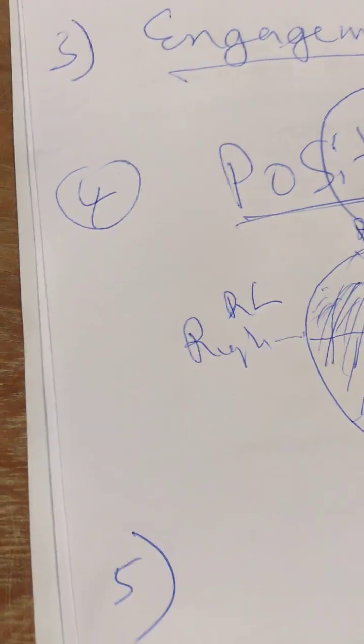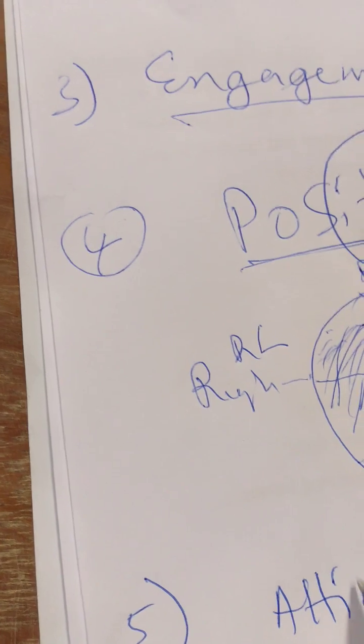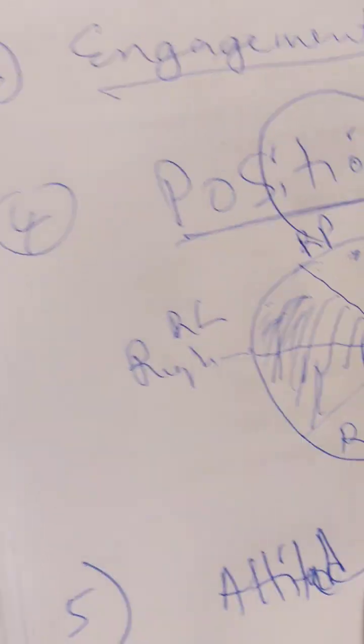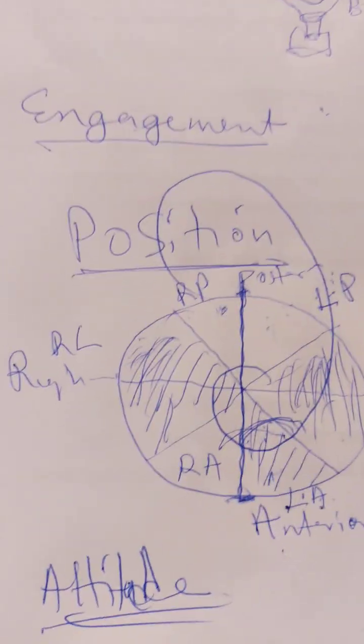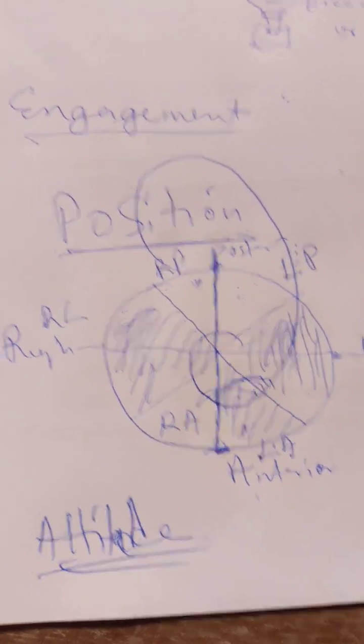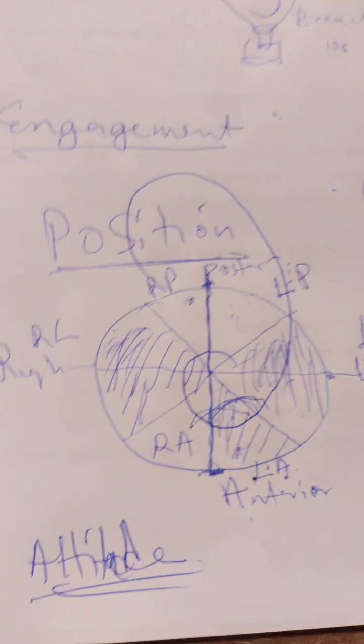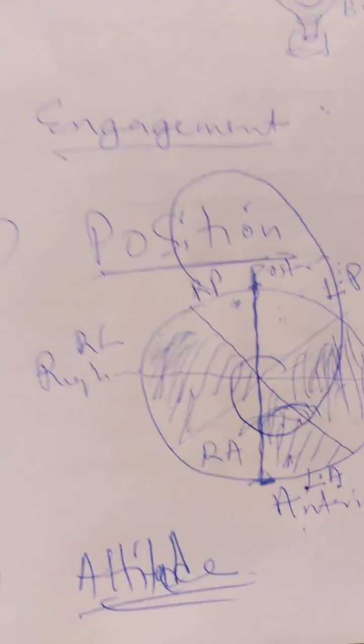Yes, then the last term, number 5, that I want us to understand here is attitude. When they talk of attitude, what do we mean? We are referring to the relationship between the hands, the legs, the head to the trunk.